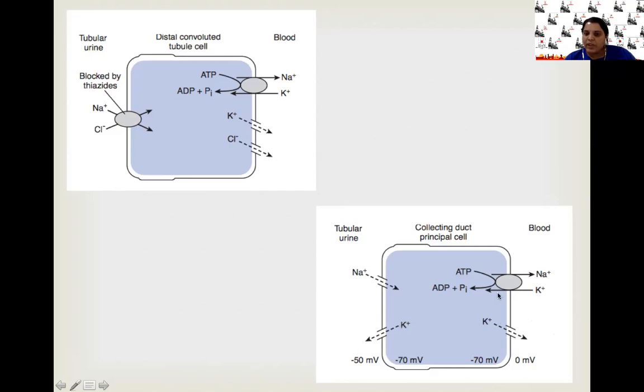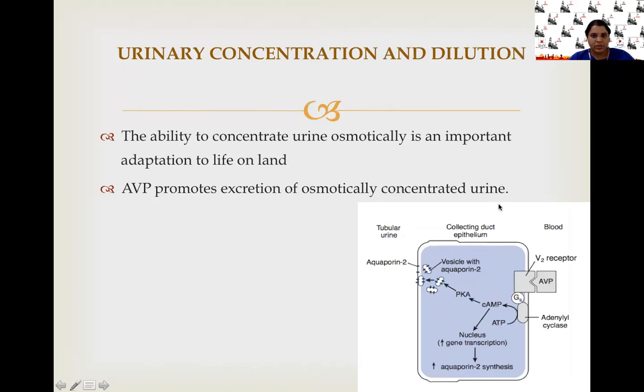The entry of potassium from the blood into the cell and into the urine is favored by the difference in the resting membrane potential that exists across the cell, and the movement is favored towards the urine because of the smaller difference in the resting membrane potential at the luminal side of the membrane. This collecting duct plays an important role in tubular secretion.